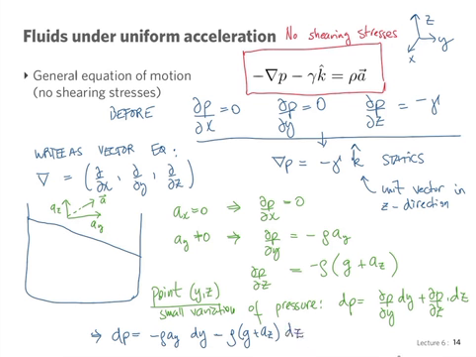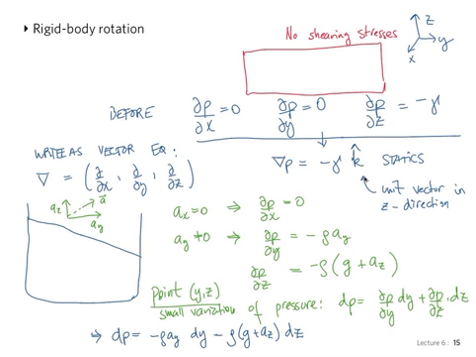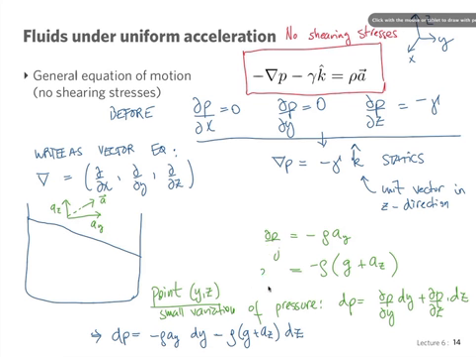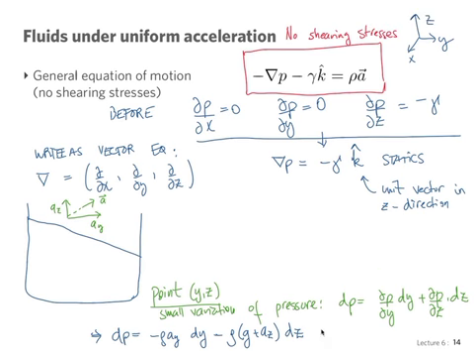Now we can look at the line of constant pressure, and a line of constant pressure is dP equal to 0. Let me clear up a little space to continue here without erasing the whole working that I have below.